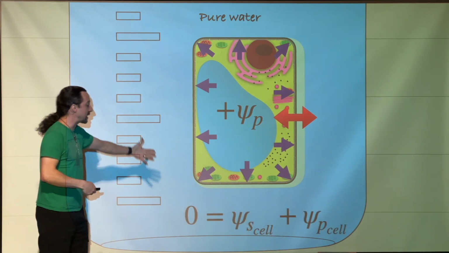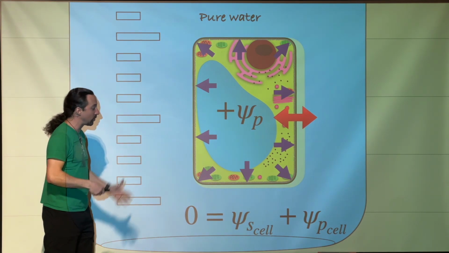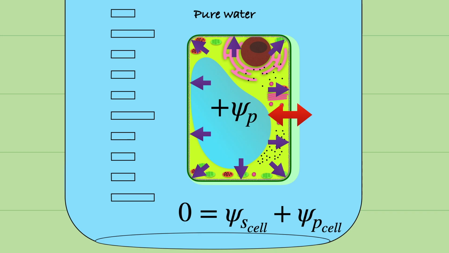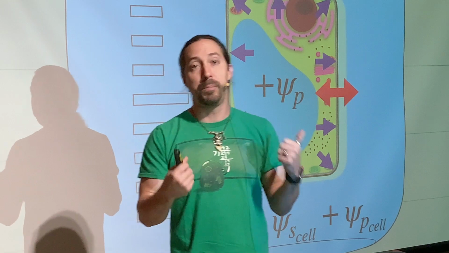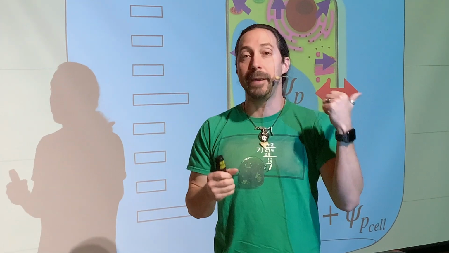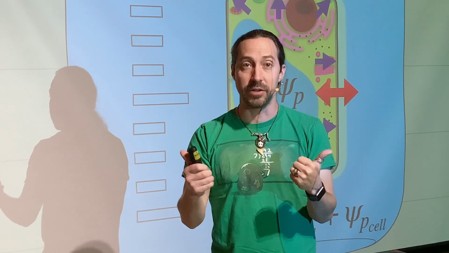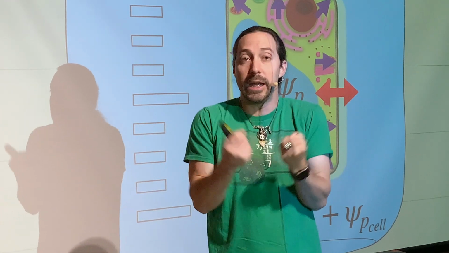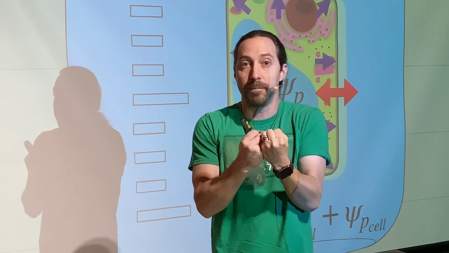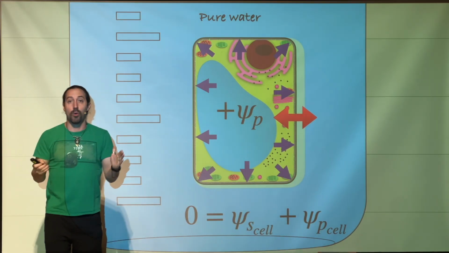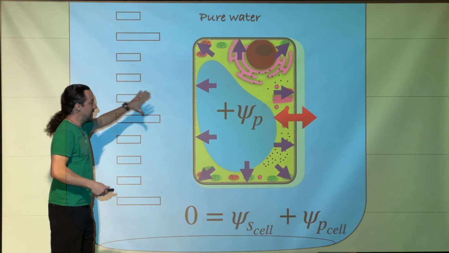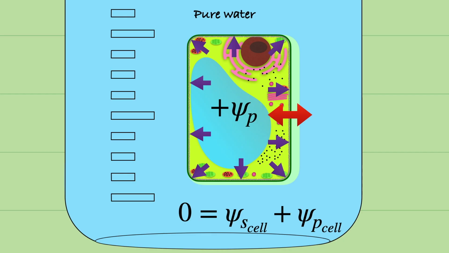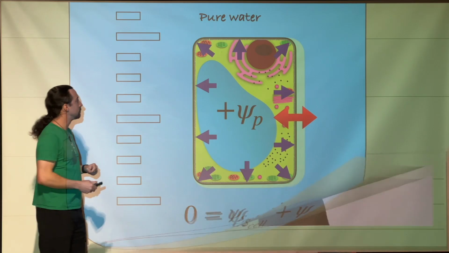We know that the combination of the solute potential and the pressure potential will equal 0. We know that the pressure potential will be a positive value, and it will be equal and opposite to the solute potential. They will equal 0 when we add them together. But we don't actually know what each of their values are in this specific scenario, but we do know that they will be equal and opposite.